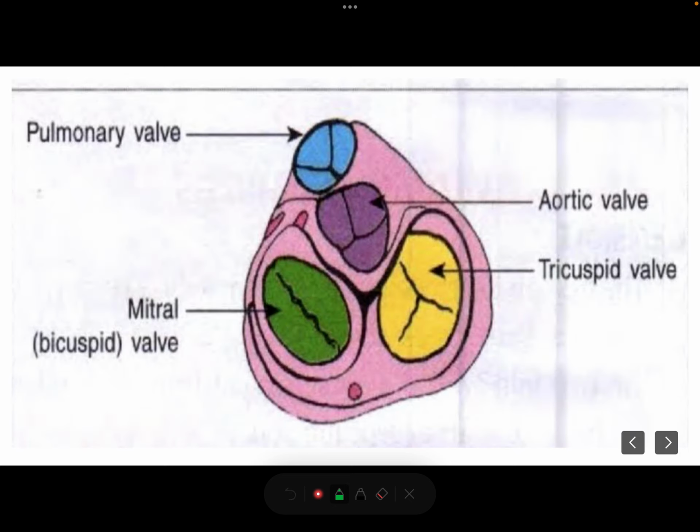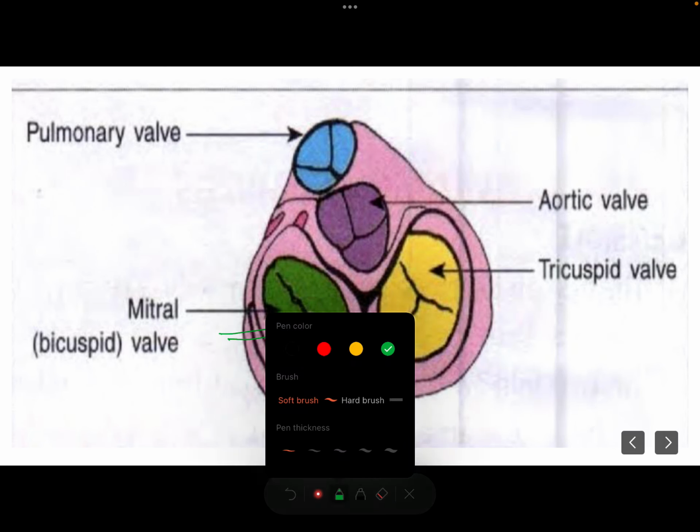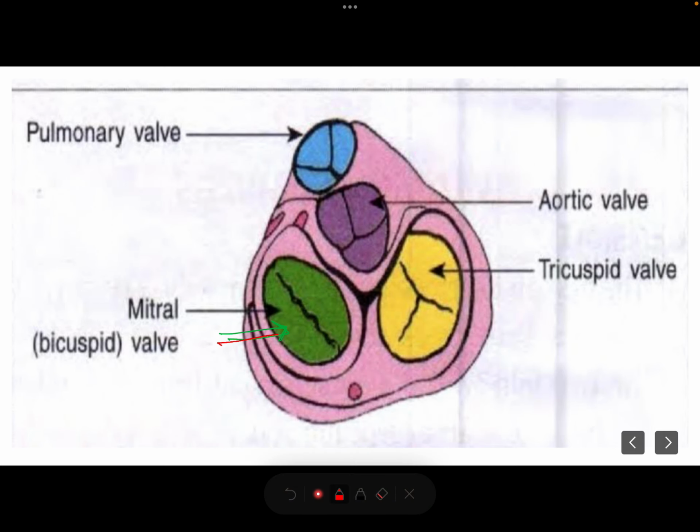Here is the picture of mitral valve. The only valve which has two cusps. Other valves of the heart all have three cusps.